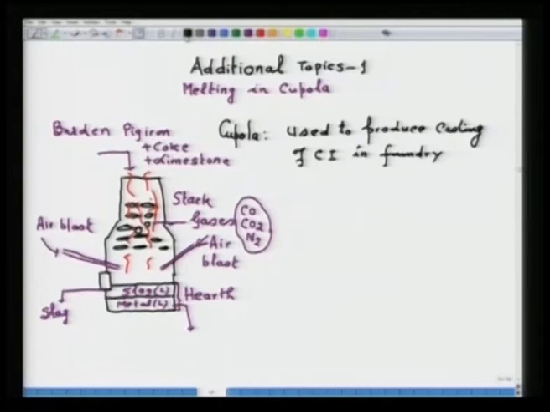Now, just for your information I will note down a few points. One, the burden consists of pig iron plus scrap, scrap plus coke, and plus limestone.